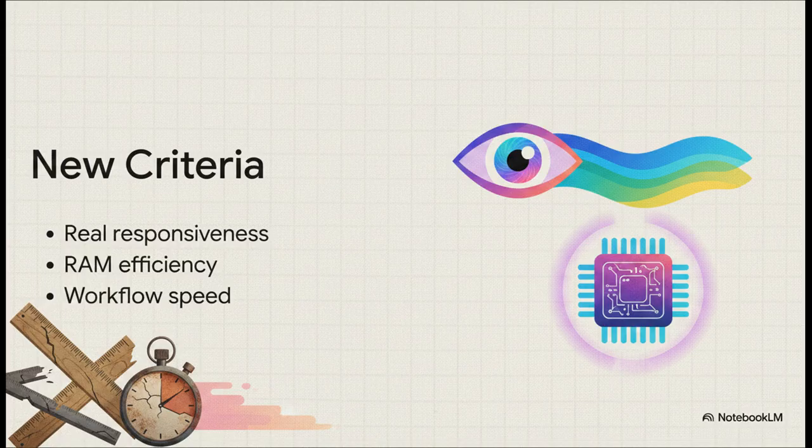We desperately need new evaluation criteria for unique systems like this. Instead of just staring at disk speeds, we should be evaluating real responsiveness. We should measure browser fluidity, RAM efficiency, and the actual reduction of disk writes. We should be looking at the true speed of our workflow and how smooth the system remains during long, demanding sessions. This is how you properly measure a system that is designed around memory rather than storage.